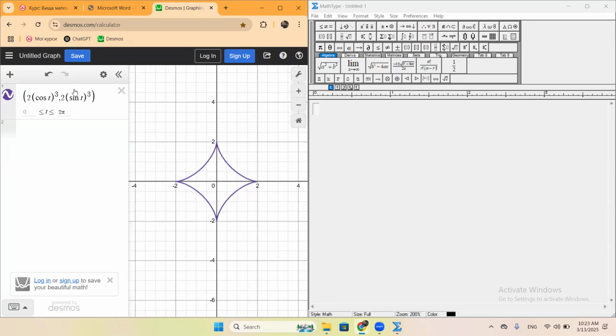Like a star, so that's why asteroid. And why is it symmetric? It will be enough to calculate only in this quarter and multiply by 4.